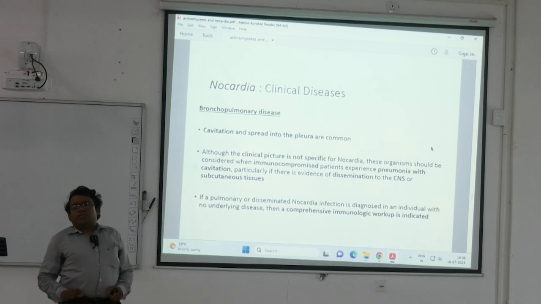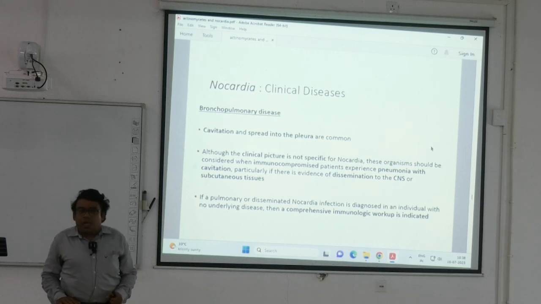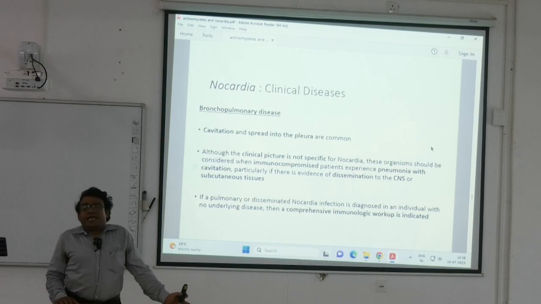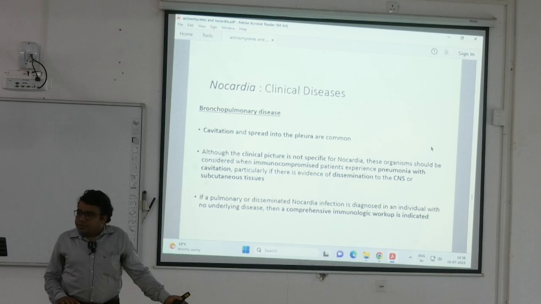Now, the lung is the first site of the infection, and from the lung it can disseminate and cause disease in any part of the body, including the central nervous system. The common presentation would be a cerebral abscess.